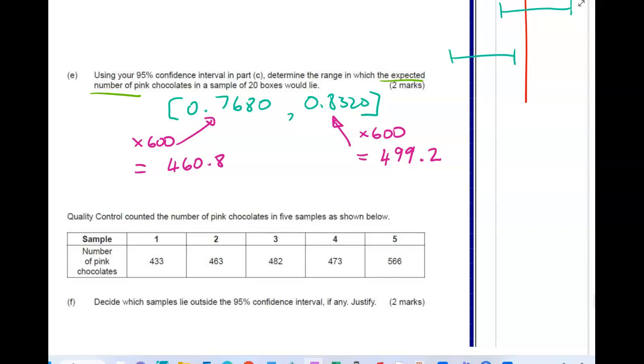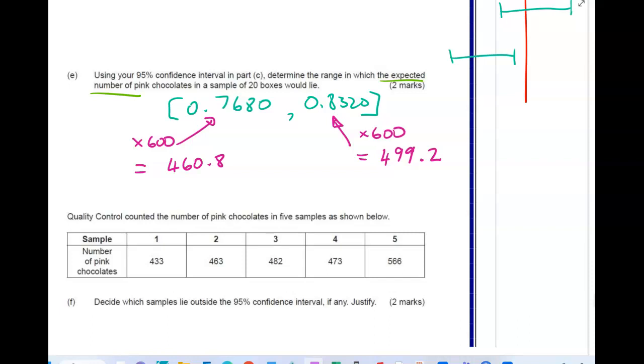I want you to think about how we can be sure that we have a 95% level of confidence. How can we be sure? How do we have to round to be sure? Yeah, up for the one on the outside, and down for the one on the other side. So yes, rounding out is what we use, that term.